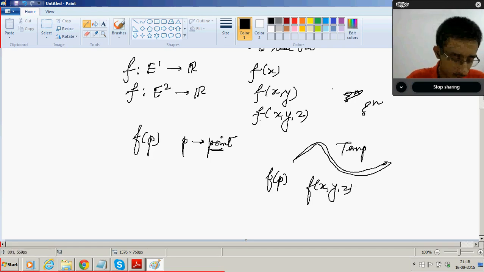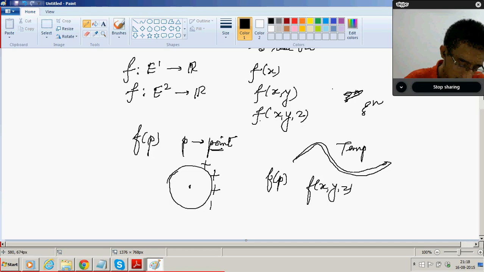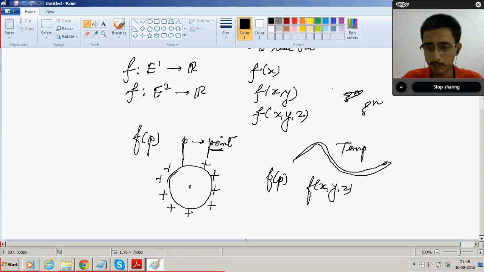Just as in electrostatics we have a shell on which there is a distribution of electric charge, then we are interested in functions which are numeric valued, yet whose domain consists of points on the surface of the shell. Right?